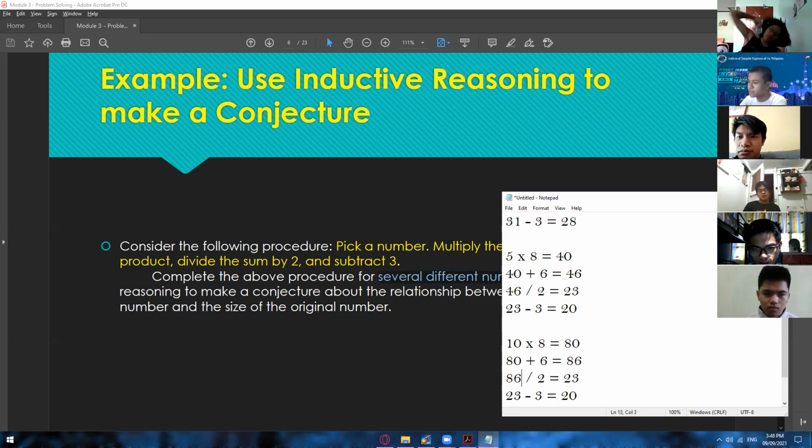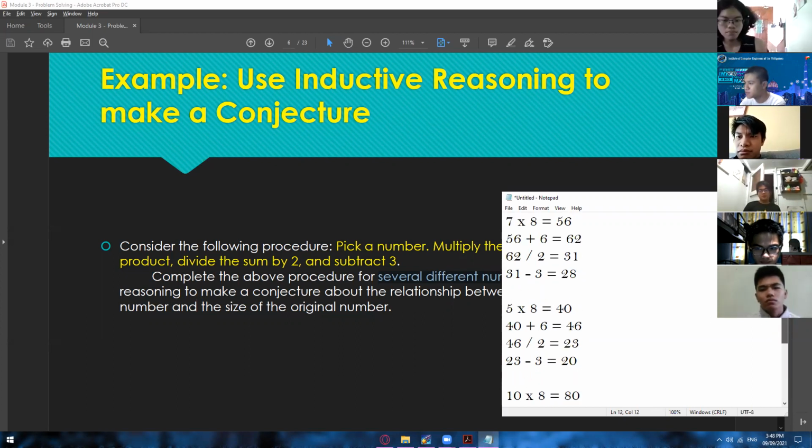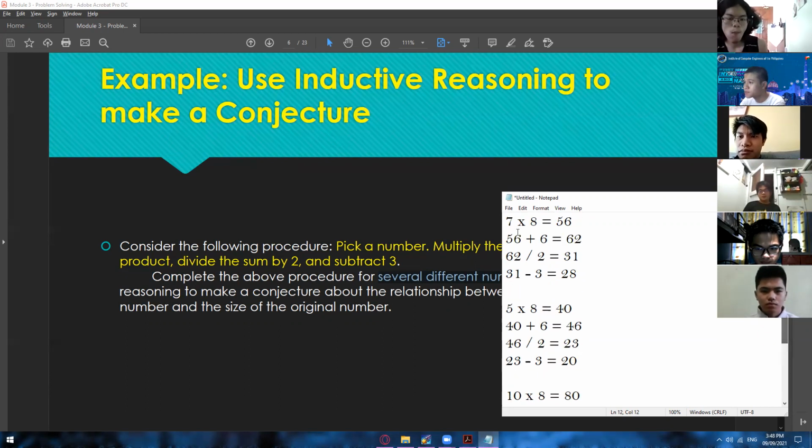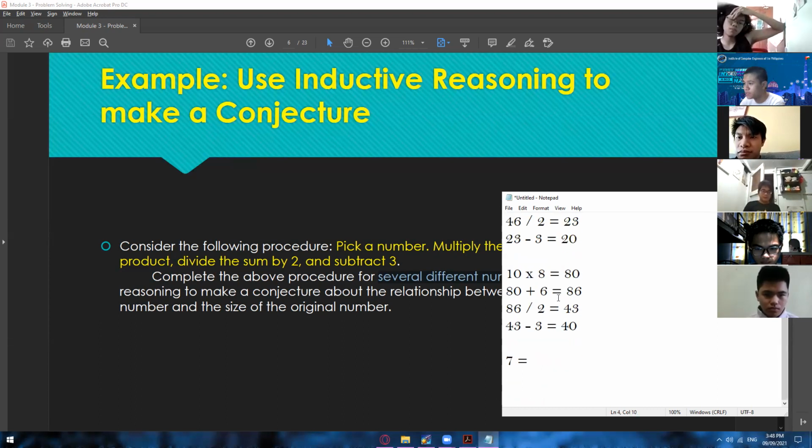Then 86 divided by 2 is 43. And 43 minus 3 is 40. So in here, I think 3 sequences are already enough. If we have 7 as our original number, this will give us a result of 28.